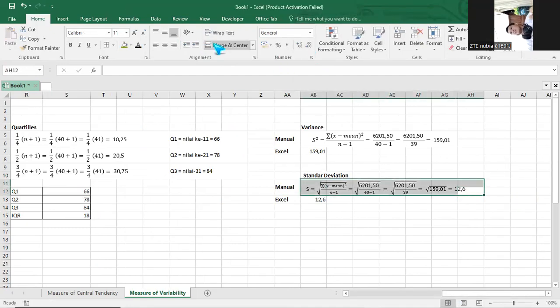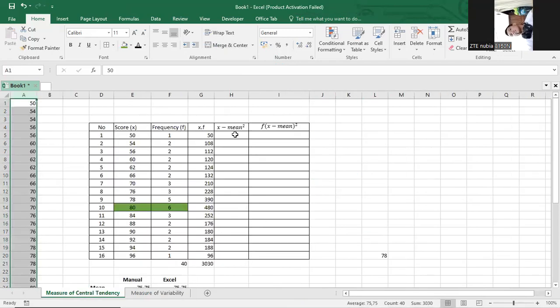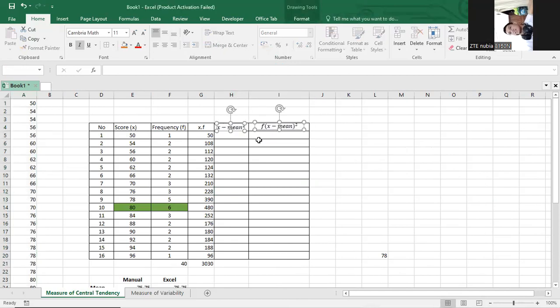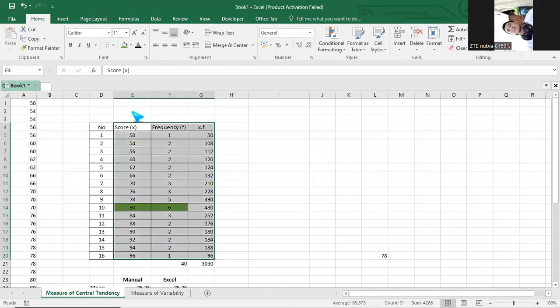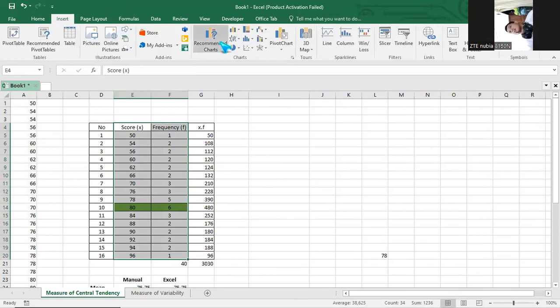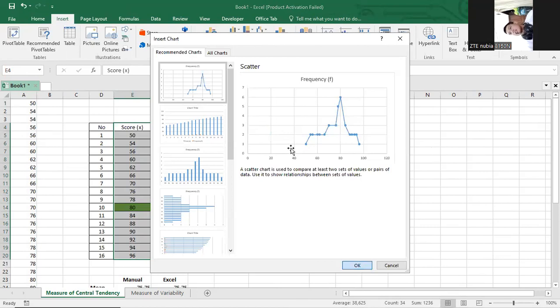And the last one, we make a polygon of the data in score and frequency. First we delete this, it was a mistake. Okay. All we have to do to make the polygon is select the table of score and frequency, and we move to Insert and choose Recommended Charts and click OK.